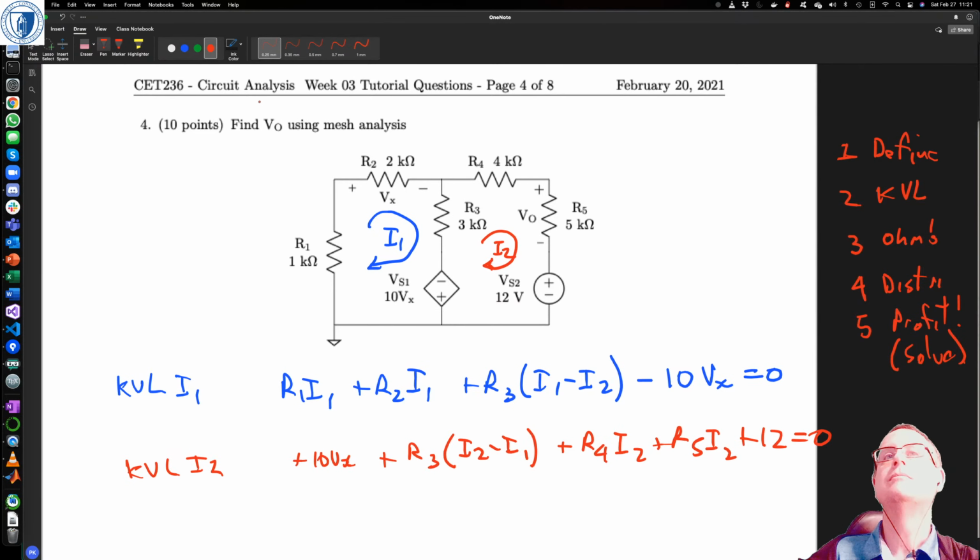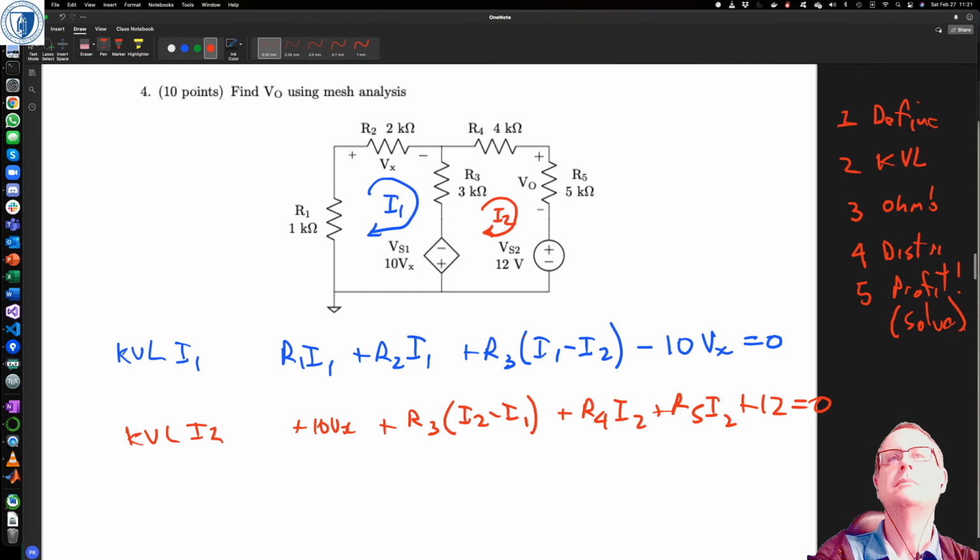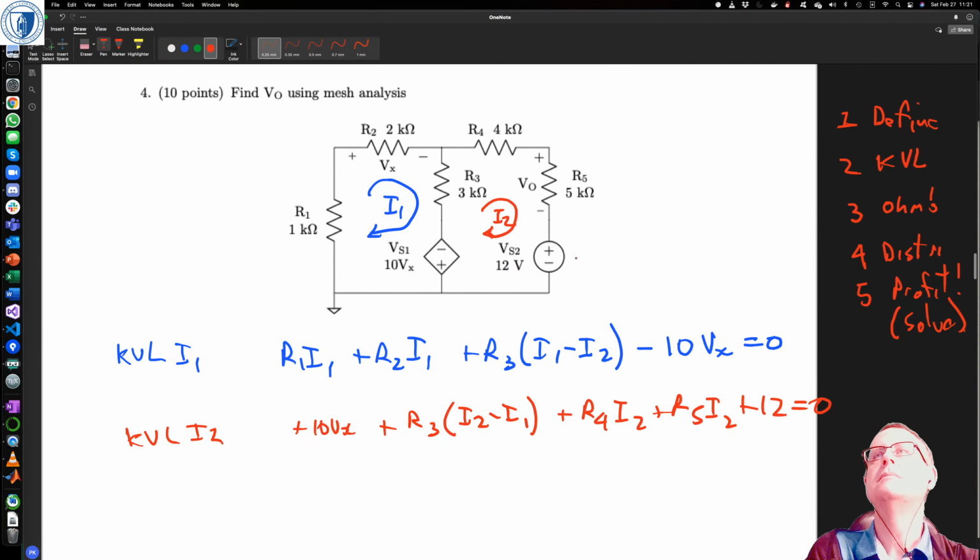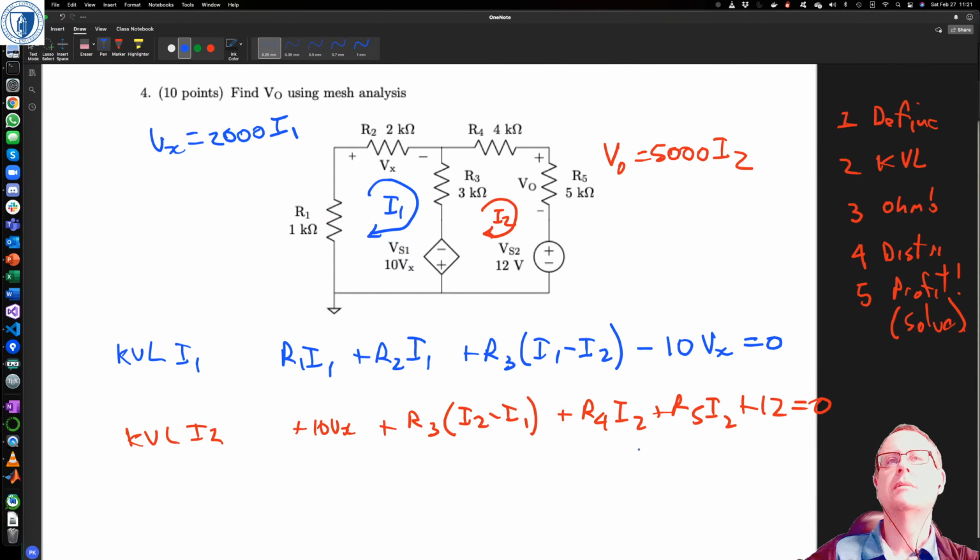And then before I put the numbers in, I defined VO as 5,000 times I2, and Vx in this case is 2,000 times I1 according to our KVLs. Then I combined all the like terms.